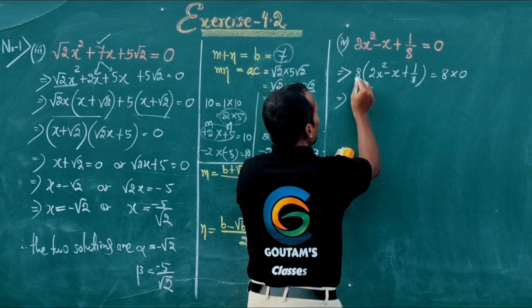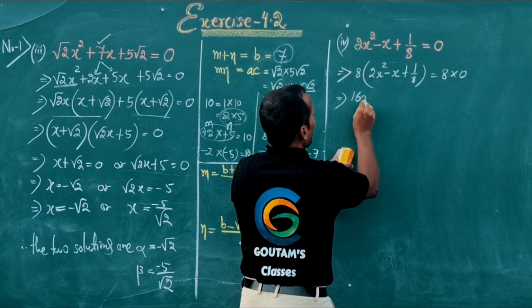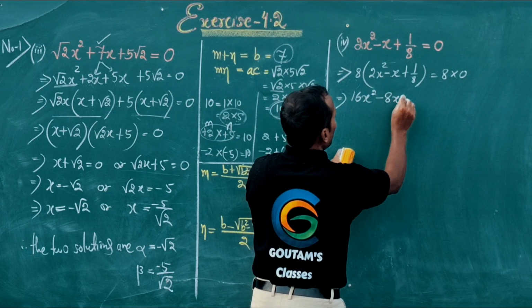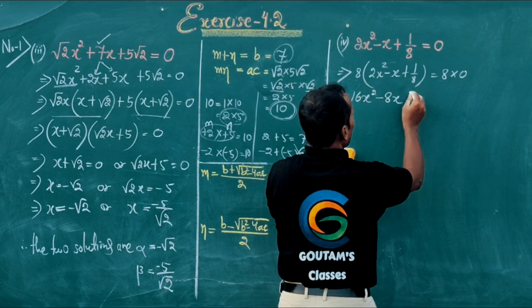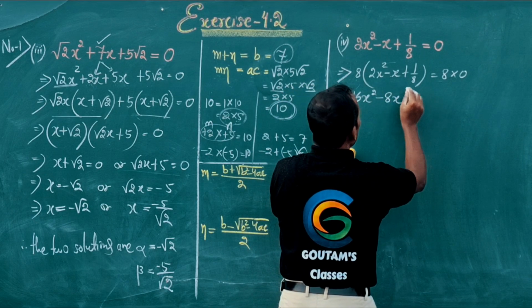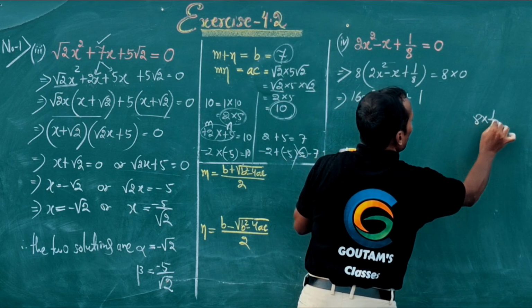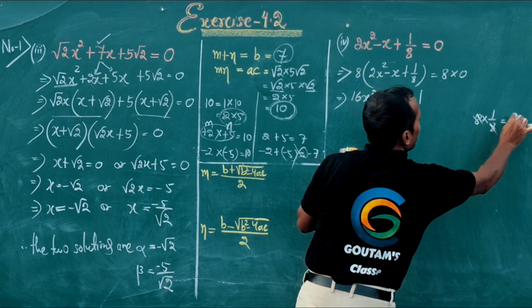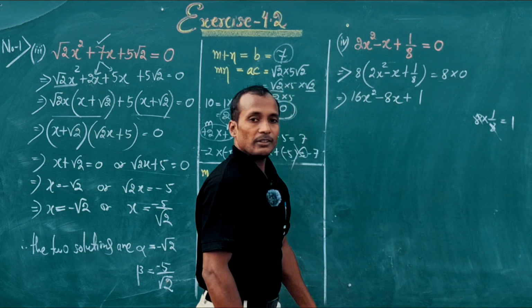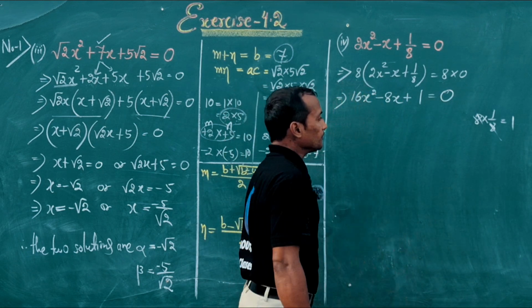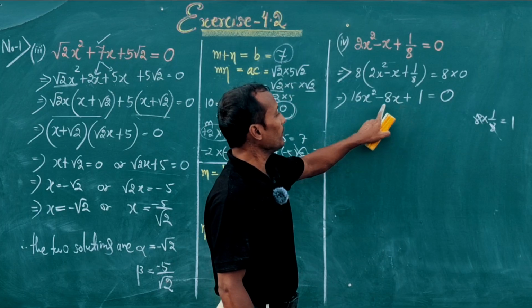Now it gives me 8 into 2, 16 x square, 8 into minus x, minus 8x, and 8 into 1 by 8, the 8 gets cancelled, you get 1. So I directly wrote 1. On the right side we have 8 into 0, which is 0. So this is now a simplified expression.